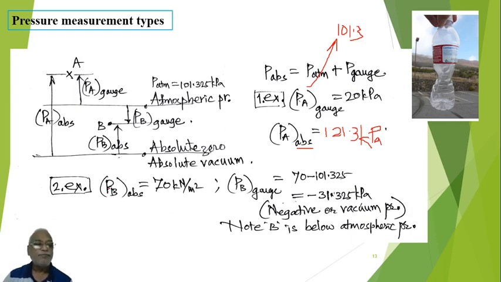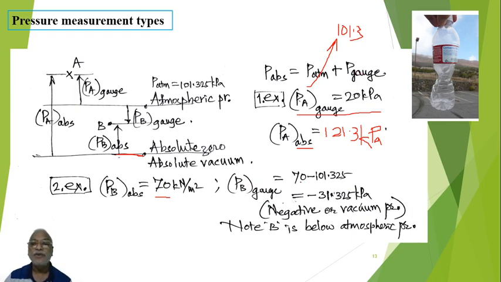Here gauge pressure was given and we calculated absolute pressure. Now let us say the pressure at B absolute is equal to 70 kilonewton per meter square. With respect to this level, the pressure over here is given to be 70 kilonewton per meter square. Can I calculate the gauge pressure for this? I'll use the same formula.